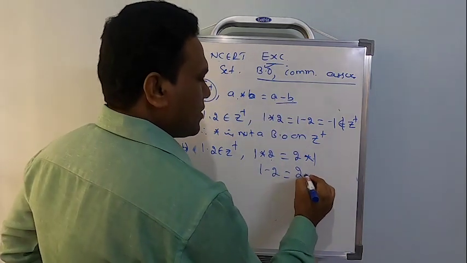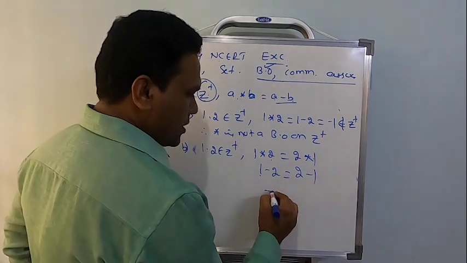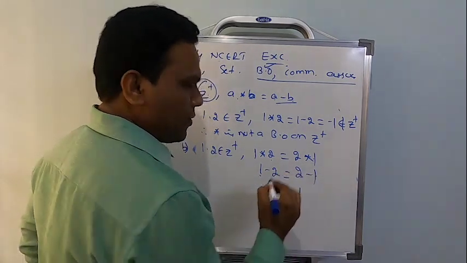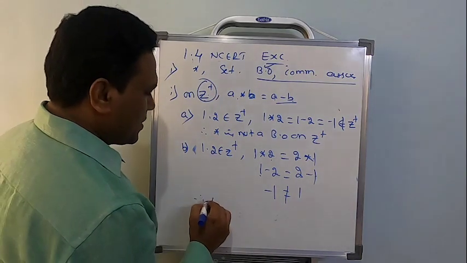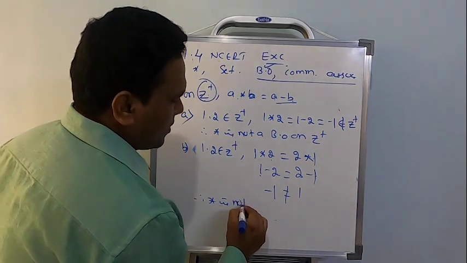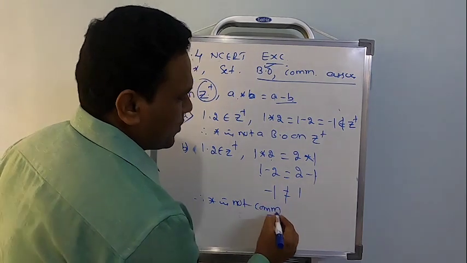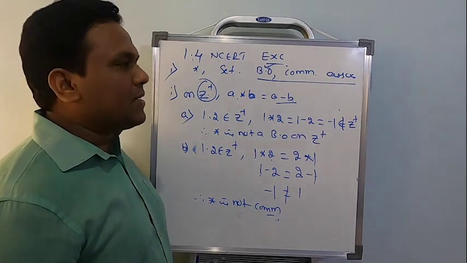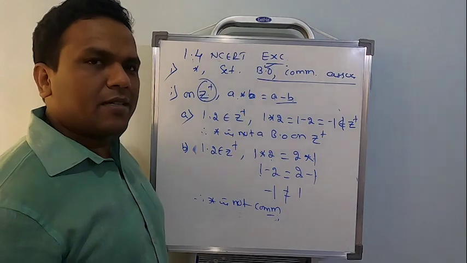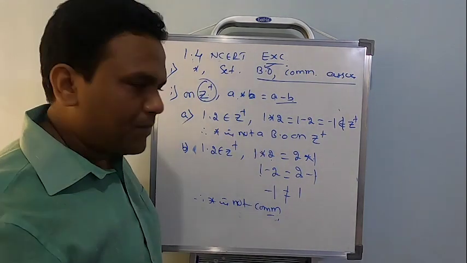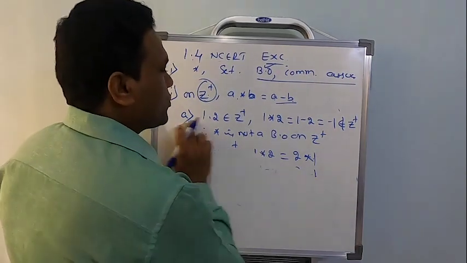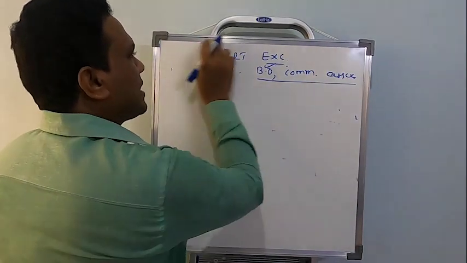What is 2 star 1? 2 minus 1. 1 minus 2 is minus 1, and here it's going to be 1. They are not equal, right? Therefore, star is not commutative. Generally we say that A minus B is not equal to B minus A. That's enough to say. Otherwise, create an example and check the property. Is that clear?